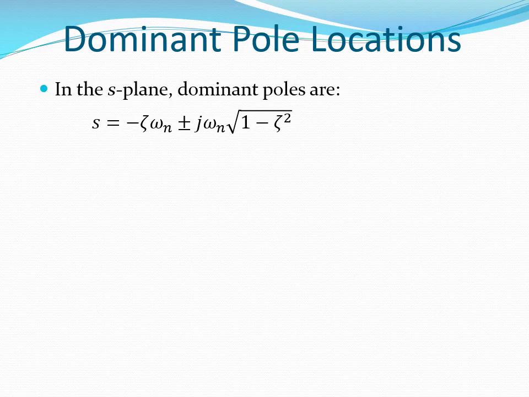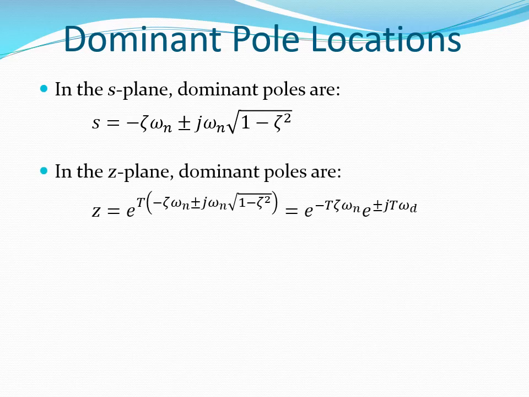In the S-plane, the dominant poles are located at the points given by minus zeta omega n plus or minus j omega n times square root of 1 minus zeta squared. When mapped into the Z-plane, the dominant poles are going to be located at the points given by z equals e to the minus T zeta omega n times e to the plus or minus jT omega d.